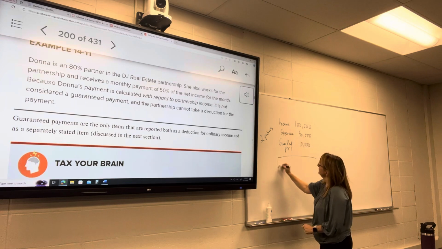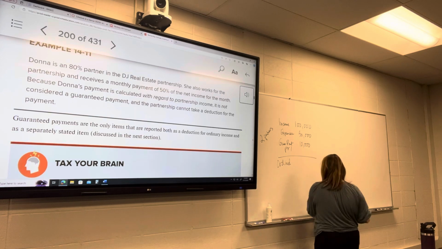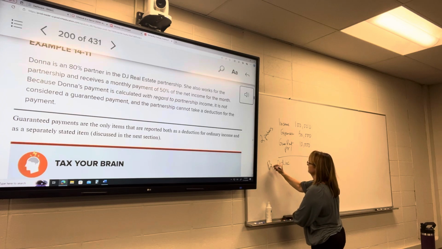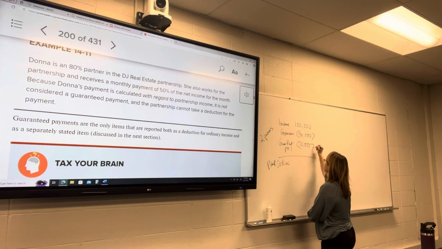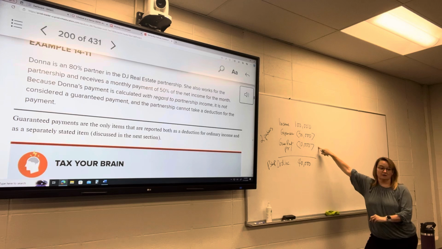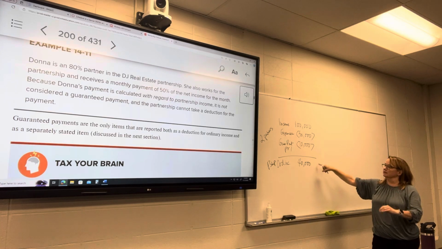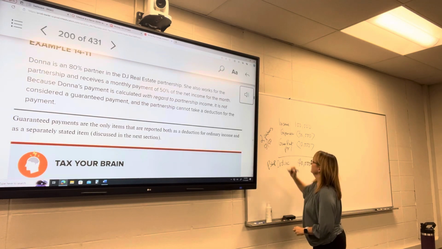So their ordinary income, this is the partnership's, is $40,000. So they get to deduct that $10,000 from the ordinary income. Now we've got two partners and they're 50-50 partners.